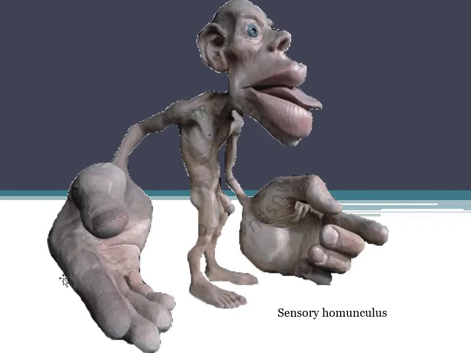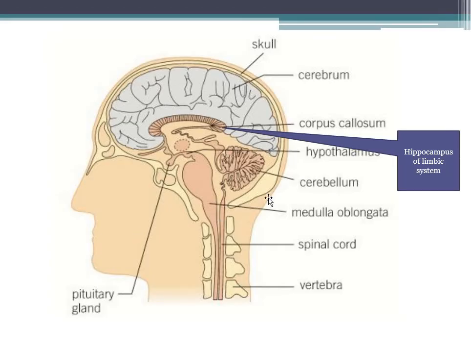So it's saying that for our hands and our lips and our tongue, there are many more sensory receptors and parts of our brain that process information compared to such as the body and the shoulders, etc. So it's quite a common image that you'll see. And the hippocampus is part of the limbic system. It's kind of located here. It's not on this particular diagram, which is being given by Caboodle, but it's about here.